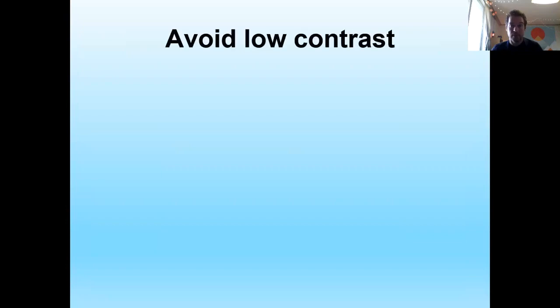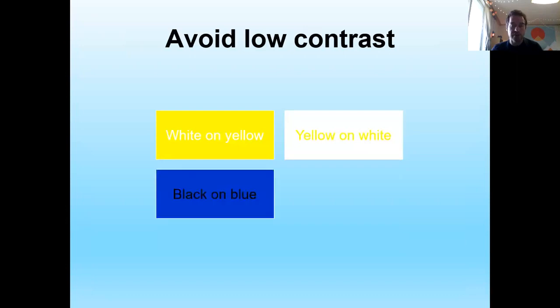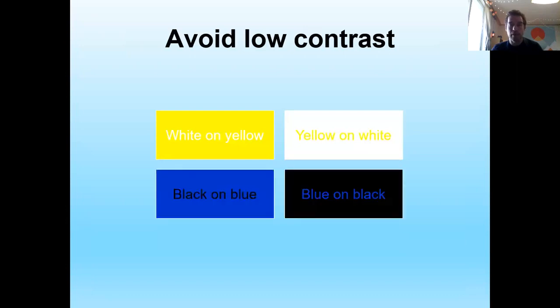Also avoid low contrast. For example, white on yellow, yellow on white. Those are hard to read. Black on blue, blue on black. It's better to have light and dark together, not two darks or two lights.